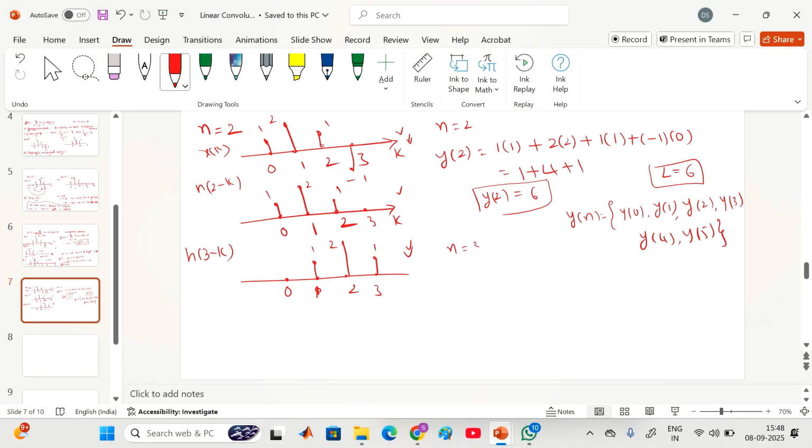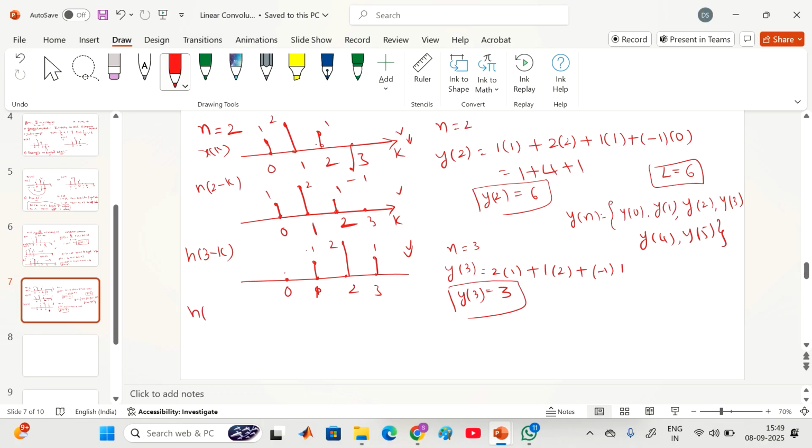Then n is equal to 3, y of 3 is equal to, so if I multiply this with this, first 1 into 0, 0, 2 into 1, that is 2, plus 1 into 2, plus minus 1 into 1, that is minus 1. Then 4 minus 1, that is equal to 3. 2 plus 2 minus 1, 3.